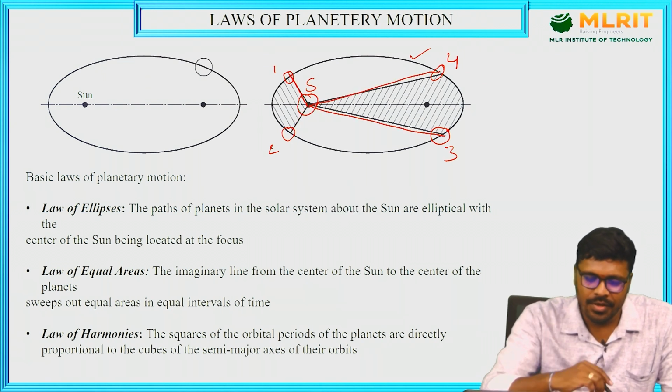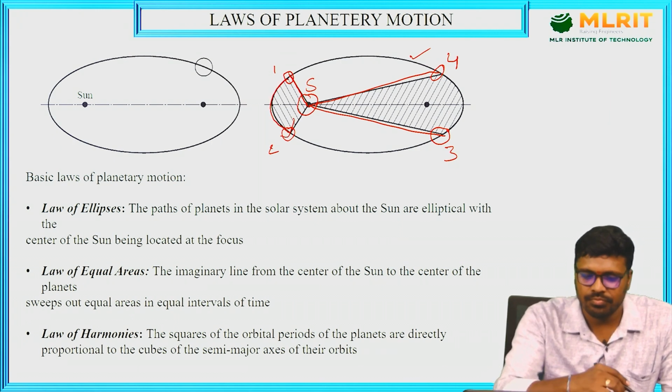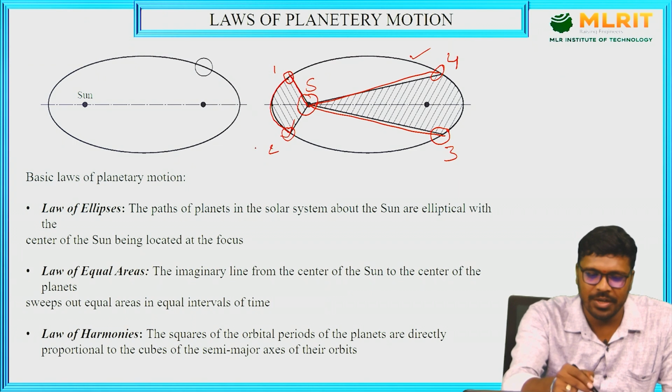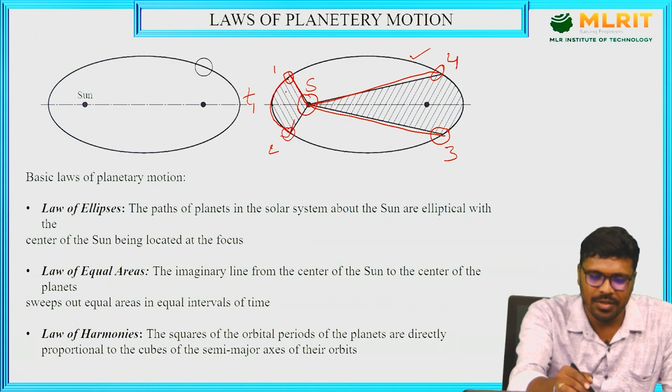If the planet travels from 1 to 2 in a time T1, the area swept, this hatched area, consider as A1.